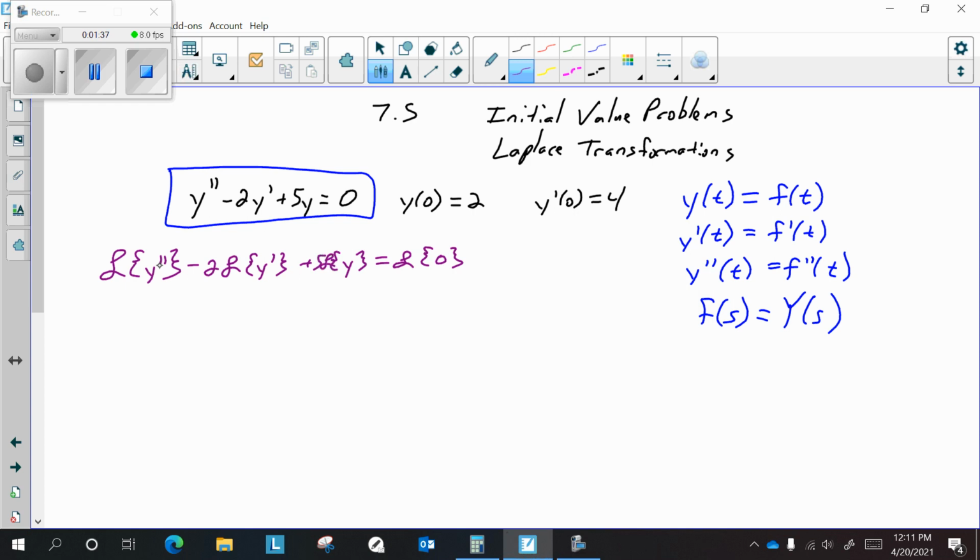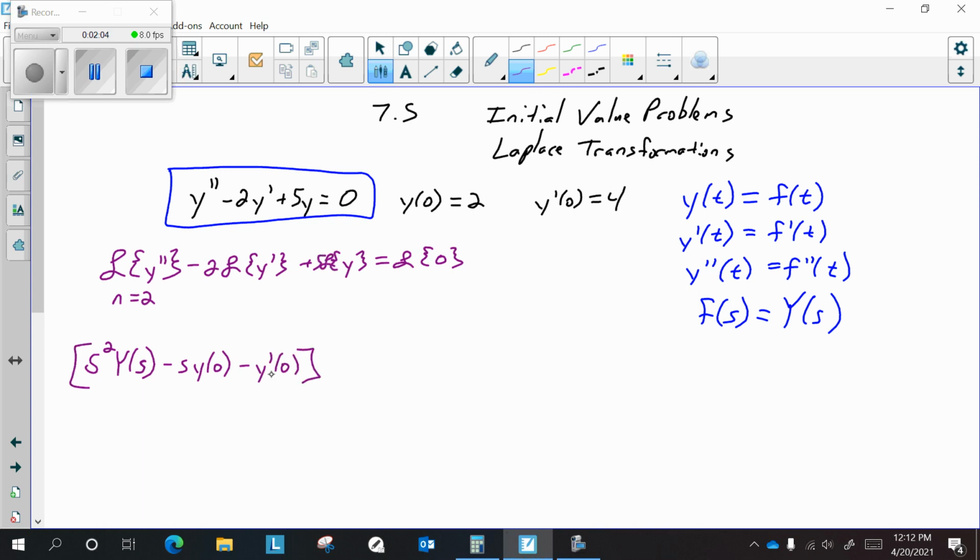So when we transform a second derivative, if we use our formula, in this case, this is the second derivative. So this is s to the second power, capital Y of s, minus s to the 1 less power, y of 0, minus s to the 1 less than that power, so no s's, y prime of 0.